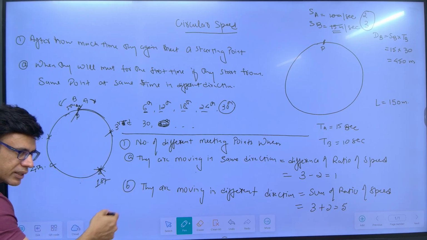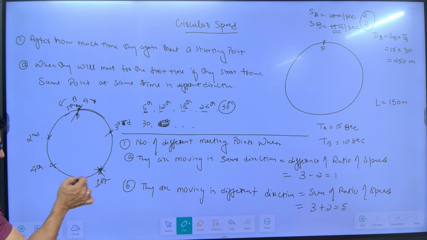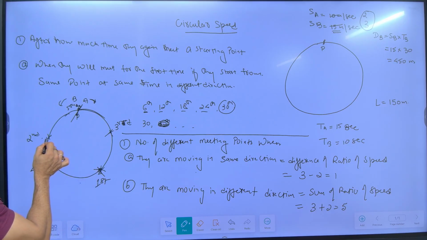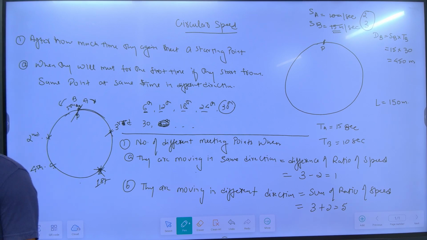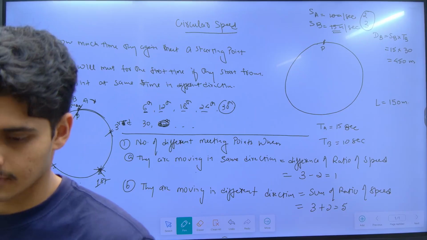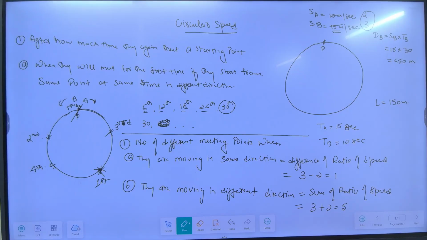After another 6 seconds, A will cover another 60, B will cover another 90, right? B यहाँ से आता है 1, 2, 3, 1, 2, 3 यहाँ पर, and keep on meeting. So these are their 5 different meeting points. Understood? All of you understood this?